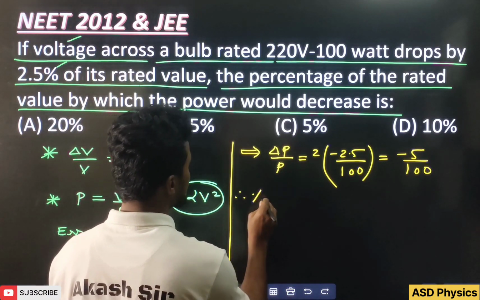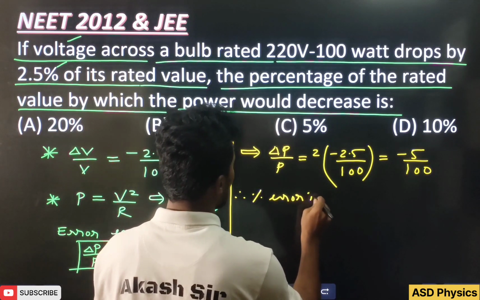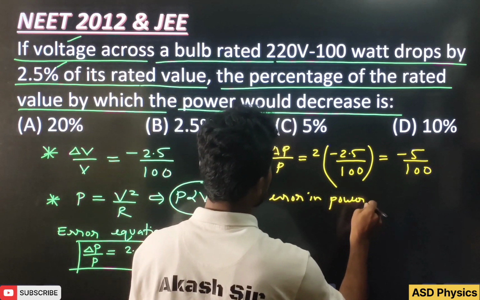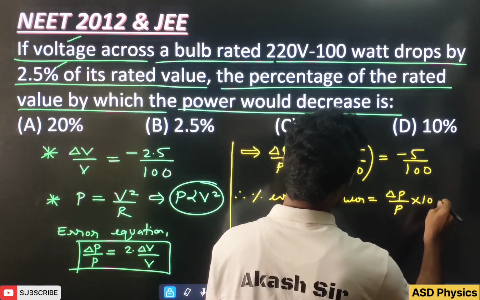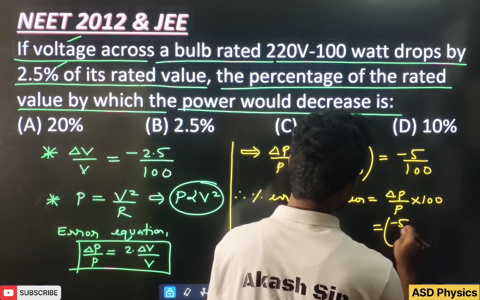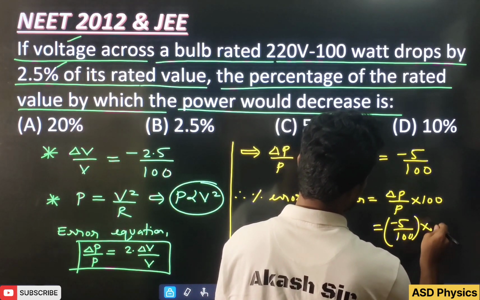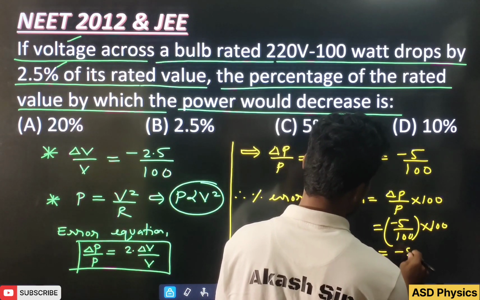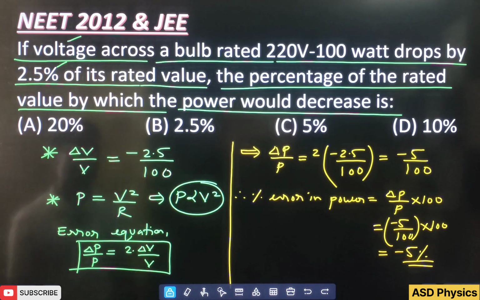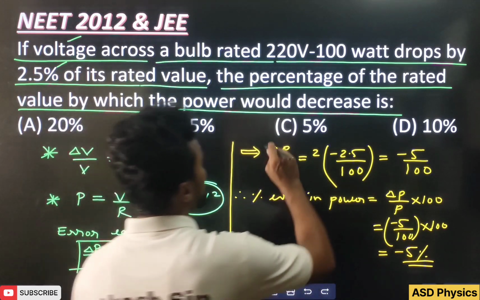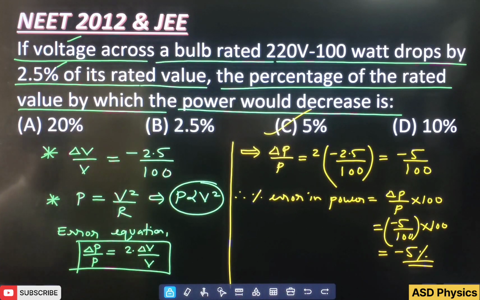Hence percentage error in power is given by delta P by P into 100, which is minus 5 by 100 into 100. The 100 cancels, so we get minus 5%. Minus indicates that the power will decrease. Which option is correct here? The correct option is option C.